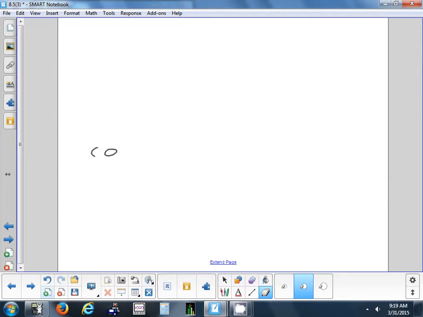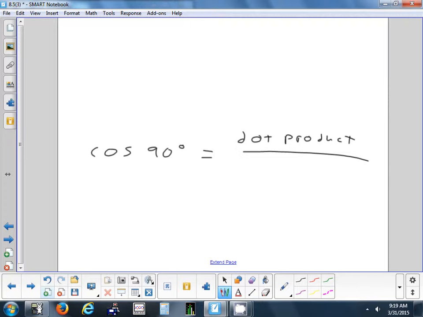So we have the cosine of the angle, which would come out to 90, equal to the dot product on top, whatever it happened to be, over the product of the magnitudes on the bottom. What does the cosine of 90 come out to? 0.